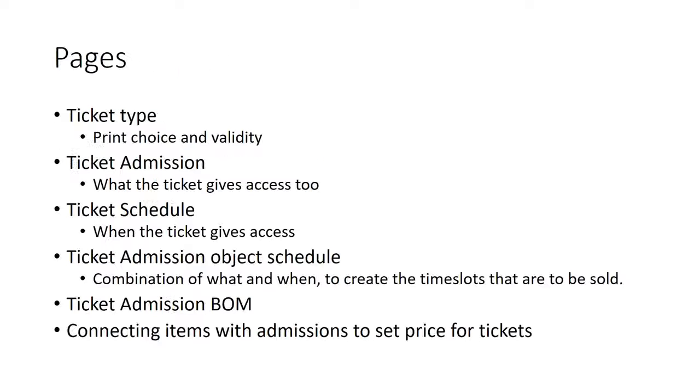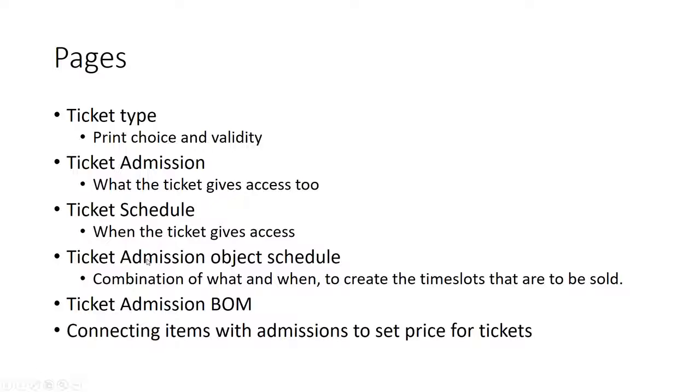But in general, if we just summarize again, there is an extensive amount of setup that can be done for the tickets, so you can have access to different rooms and guided tours and lectures and areas of the park or museum or anything like that on different schedules, time frames, days, and etc.